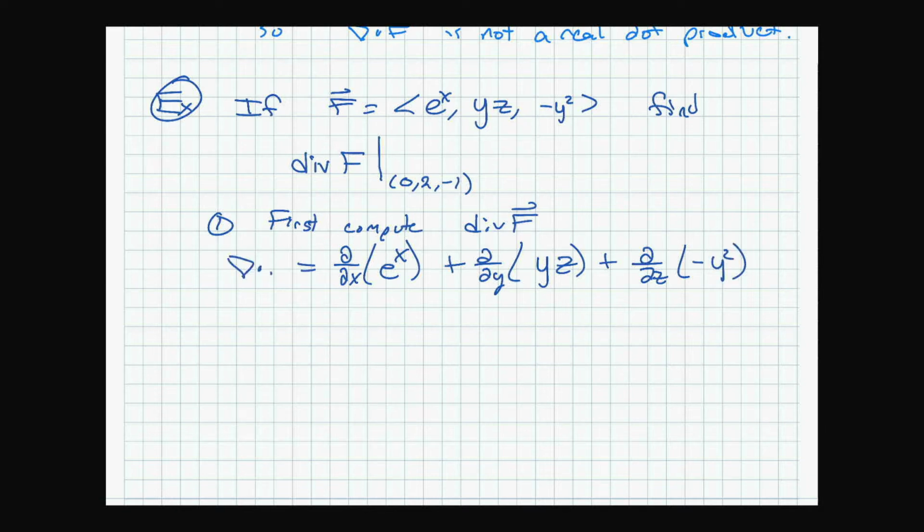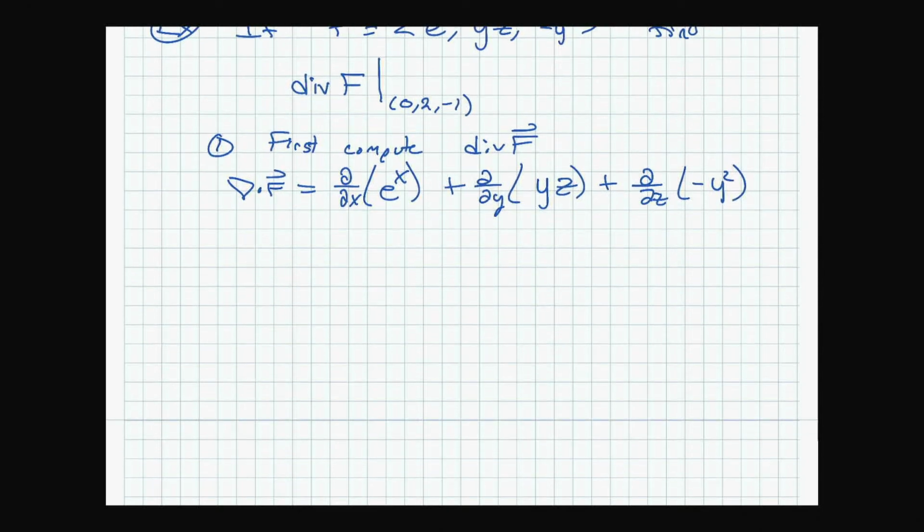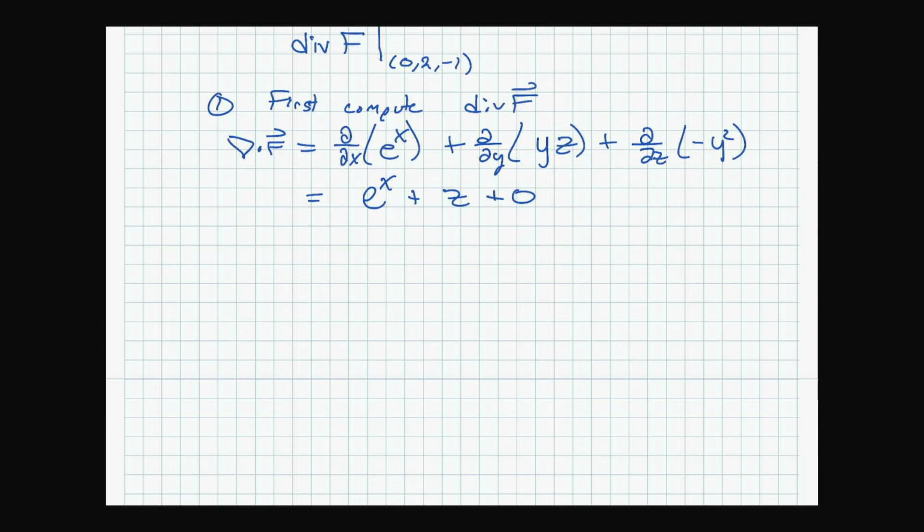Or you could write it this way as well. And then you just do these derivatives. So d dx e to the x is e to the x. d dy yz is just z. d dz of -y squared is 0. So you get that.